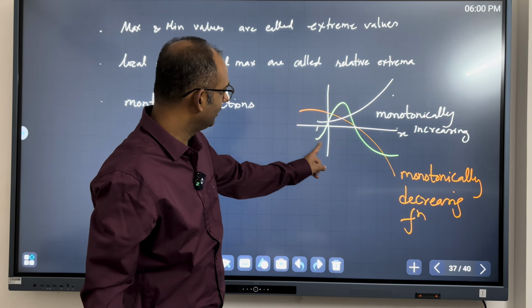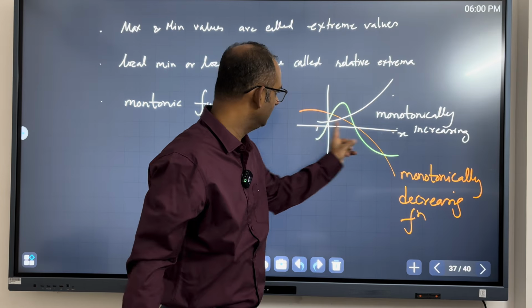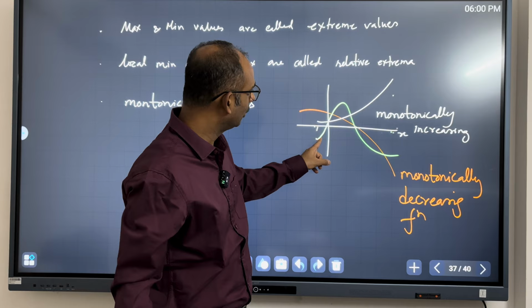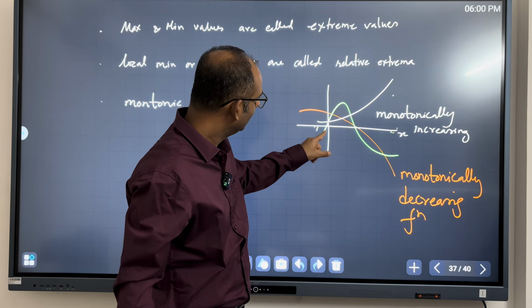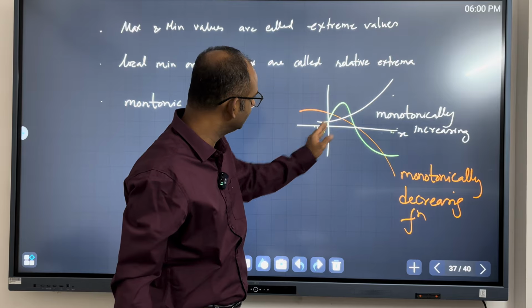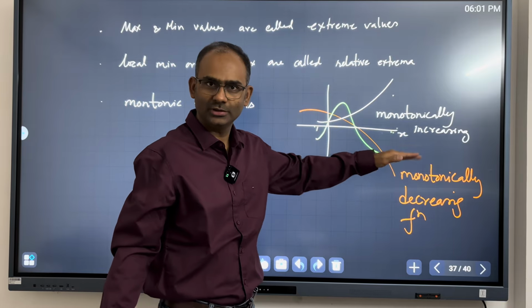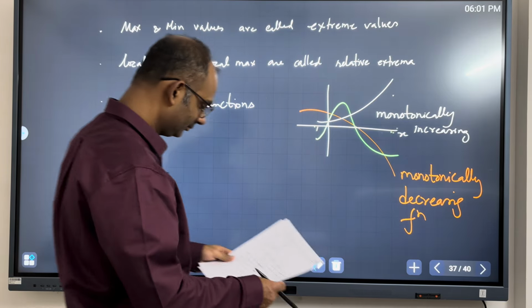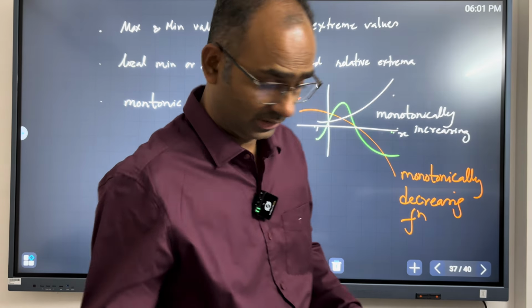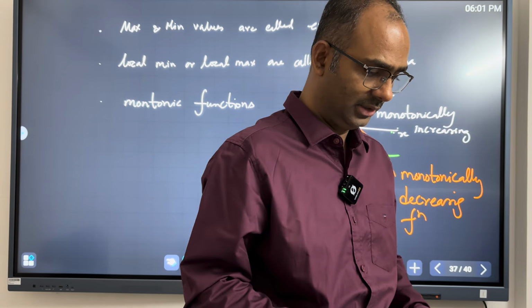In this interval, from here to there, this function is not monotonic because up to this point it is monotonically increasing, but then it starts decreasing. So it is not monotonic.